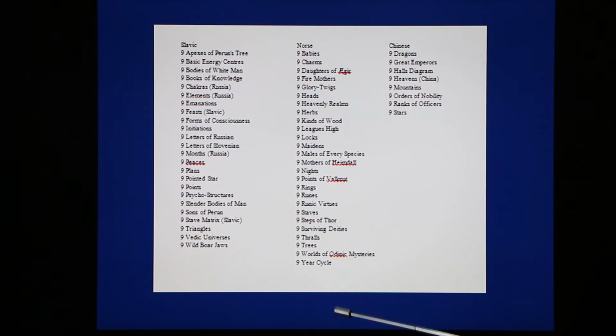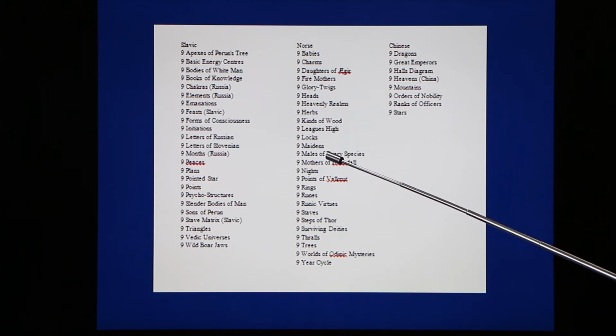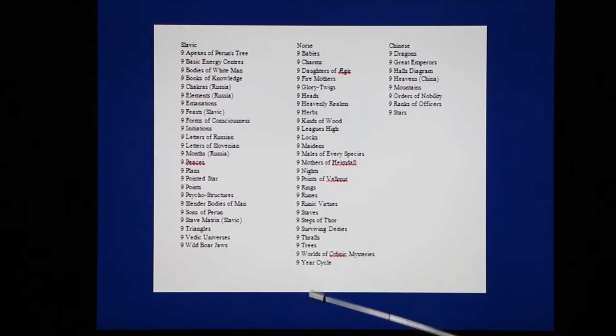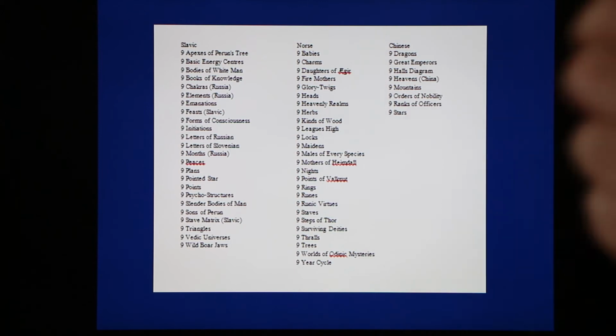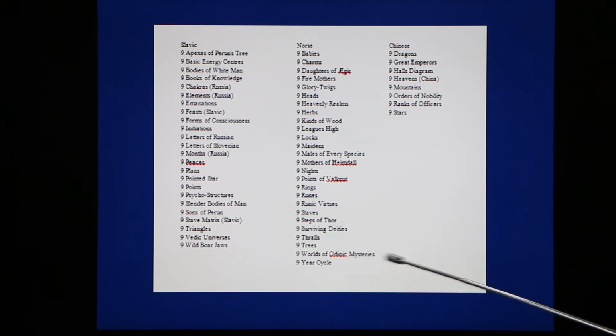And then in the Norse world, there are 9 babies, charms, fire mothers, glory twigs, heads, herbs, locks, maidens, knights, rings, runes, staves, surviving deities, thralls, trees. You start to get into the thing. You feel you should be making this all rhyme.